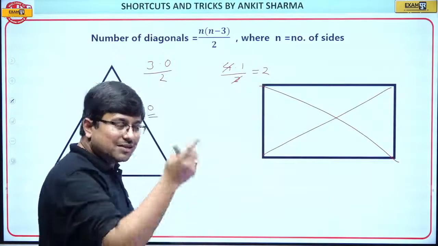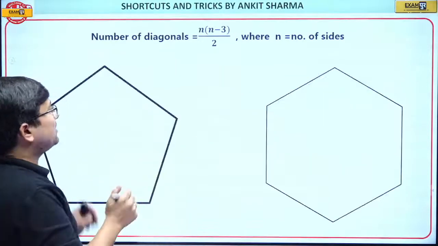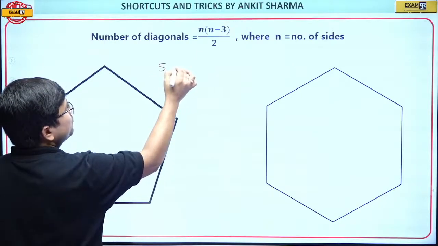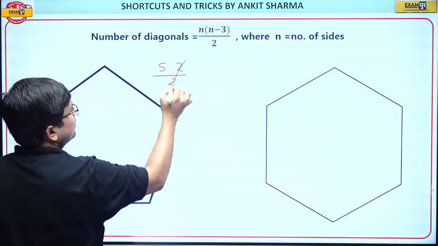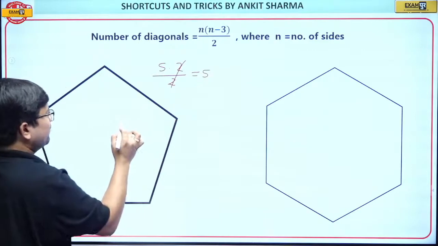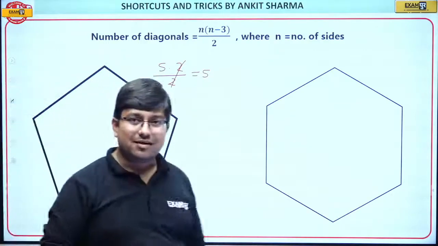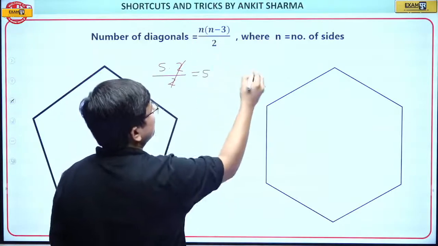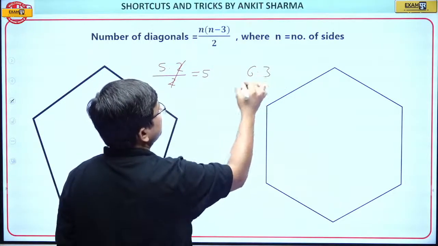Similarly, for a pentagon, we put 5 sides, 5 over here: 5 into 5 minus 3, 2 upon 2, and the moment you solve it, you will get 5 diagonals in a pentagon. For a hexagon, which has 6 sides, put 6 over here: 6 into 6 minus 3, 3 upon 2.